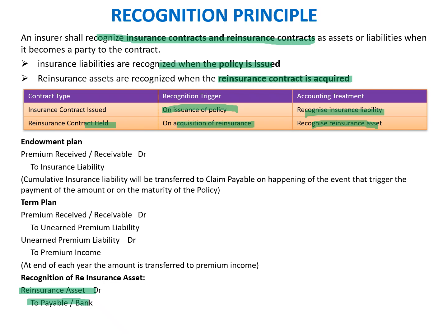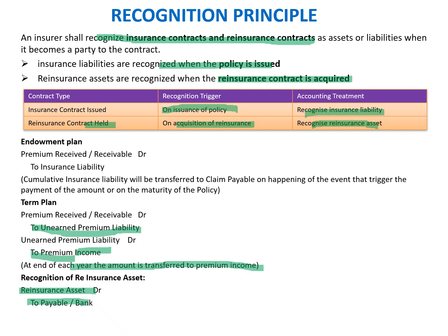A term plan is a plan wherein the risk is assumed on an annual basis, and if that event does not happen in that particular year, the entire amount is treated as income. So for a term plan, whatever premium the insurance company has received is transferred to unearned premium liability, which is transferred to premium income at the end of each accounting year.